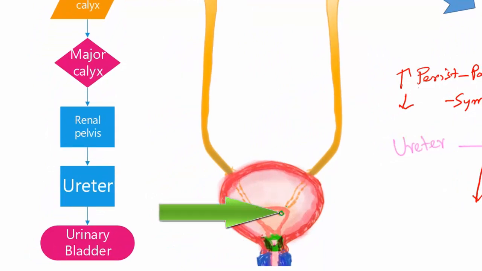This is the opening and this is the detrusor muscle. So the normal tone of the detrusor muscle tends to compress the ureter opening, and when the pressure becomes more inside the bladder, it will compress and the opening will be closed.